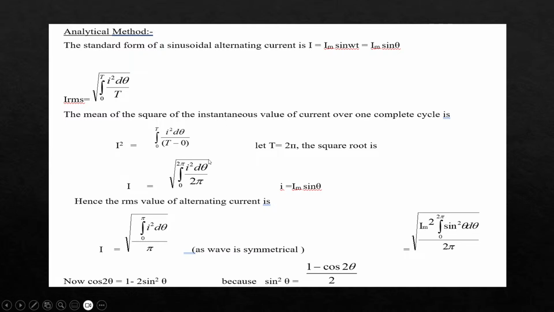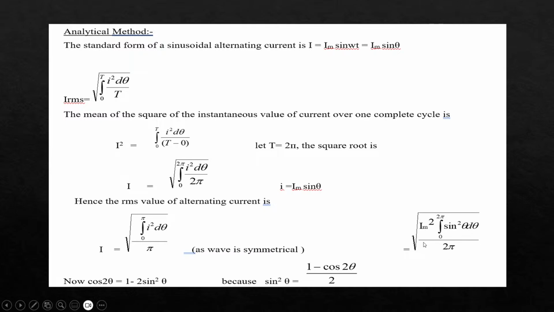As you know, if you have studied integration, from 0 to 2 pi it can also be written as 2 times the integral from 0 to pi, because you are anyway square rooting it, so it is positive. So they just cut the 2 from up and down and it becomes the same thing.